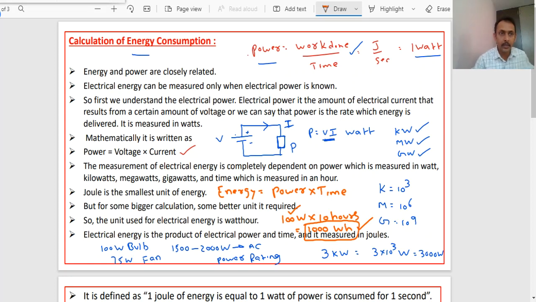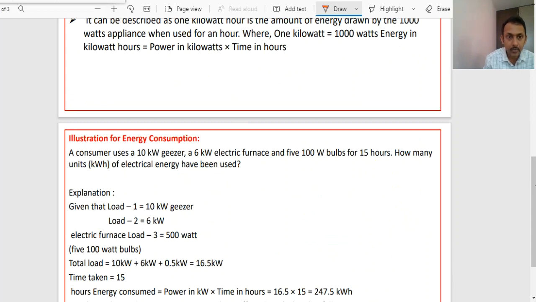Right? Similarly, just like we have expressed the watts in kilowatts or megawatts or gigawatts, this is the power.